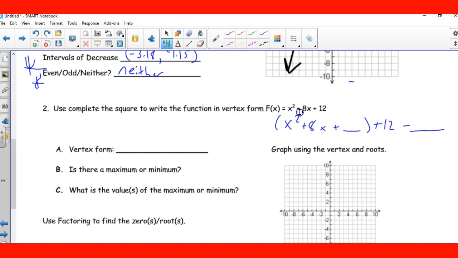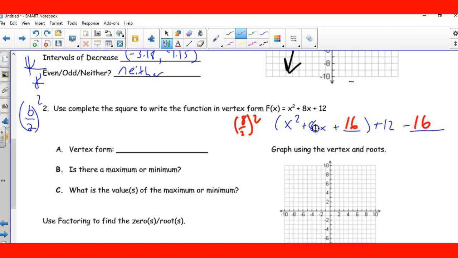X squared plus 8x plus 12, we just expand it to add a space and subtract a space. And we're going to use this equation, b divided by 2 squared. Now b is 8, so we have 8 divided by 2 squared. Well, 8 divided by 2 is 4. 4 squared is 16. So I'm going to go plus 16 and minus 16.